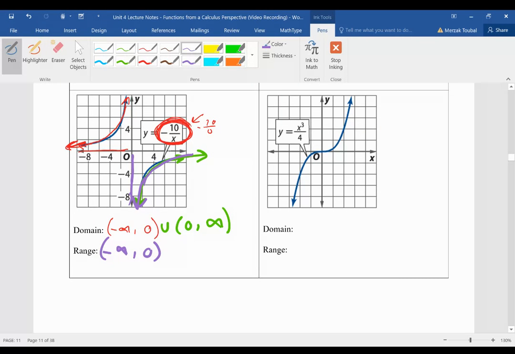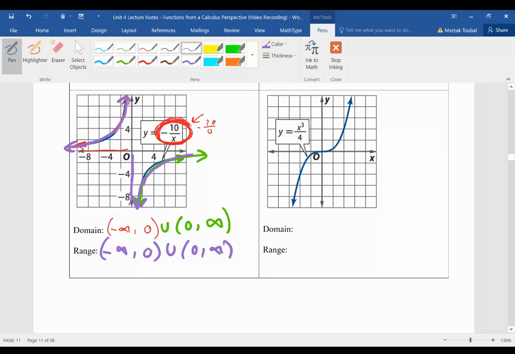As you see, it is approaching the x-axis. Then the other piece of the graph starts from 0 and goes up to infinity. So union 0 comma infinity, and it's the same thing with the curve below. The curve above does not touch the x-axis, so it means 0 is not in the range.